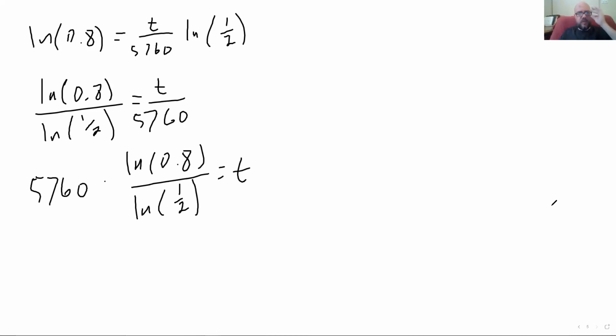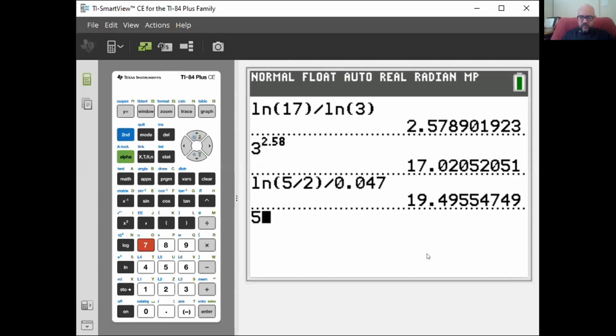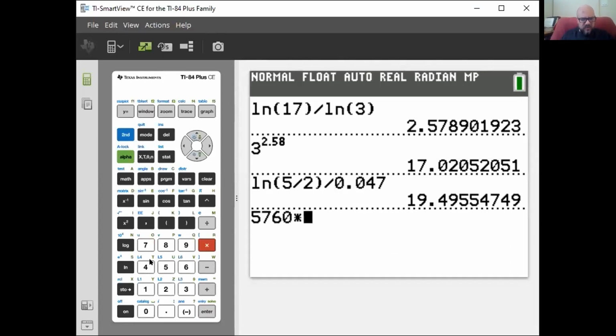And so I'm going to jam that in my calculator and see what I get. So we're going to go to calculator. So I have 5,760 times ln, where's the button for that? Yes, ln of 0.8 divided by ln of a half.